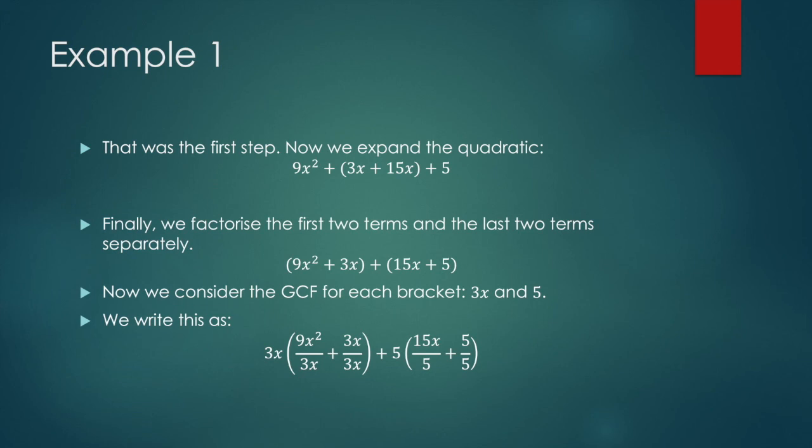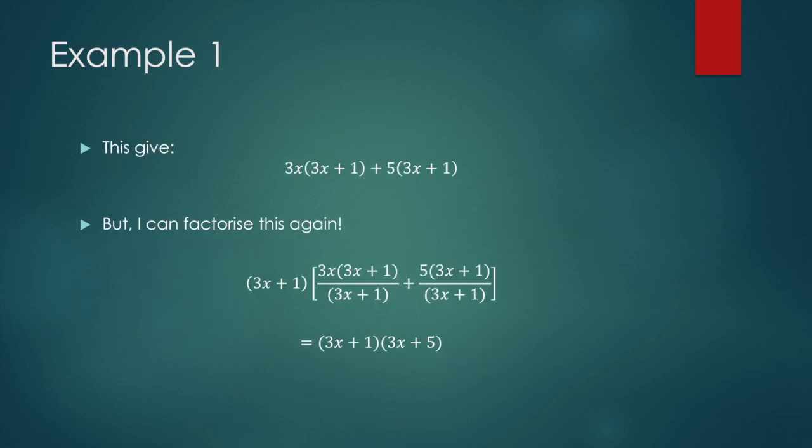And similarly, if I look at the second bracketed terms, 5 is my GCF. So I take 5 out and I divide 15x plus 5 by 5. This gives 3x, and in brackets 3x plus 1, plus 5 in brackets 3x plus 1.